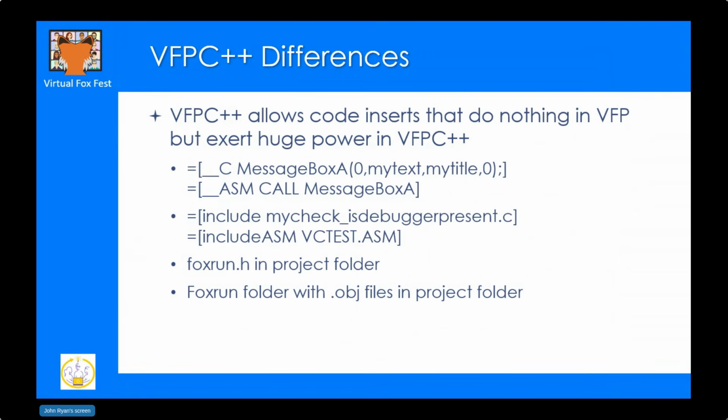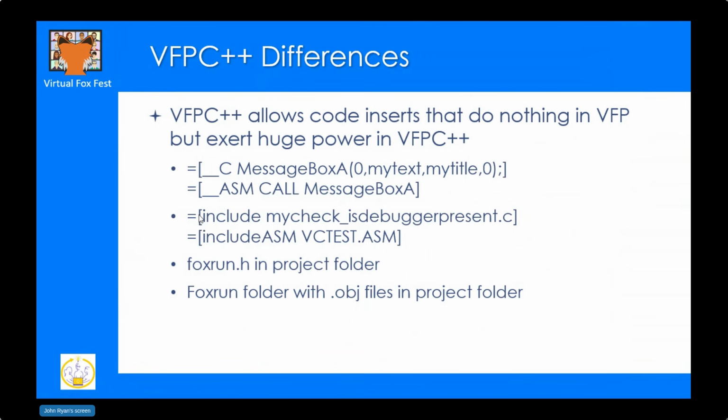Visual C++ allows you to inline C or assembly code right into your VFP code. And the way Mr. Chen has done it is he's used constructs which do nothing in plain VFP, but do an awful lot in VFP C++ compiler. So, for example, those first two lines of code, you've got square bracket underscore underscore C. If you include that in your VFP code, when it runs in VFP or VFPA, it won't do anything.